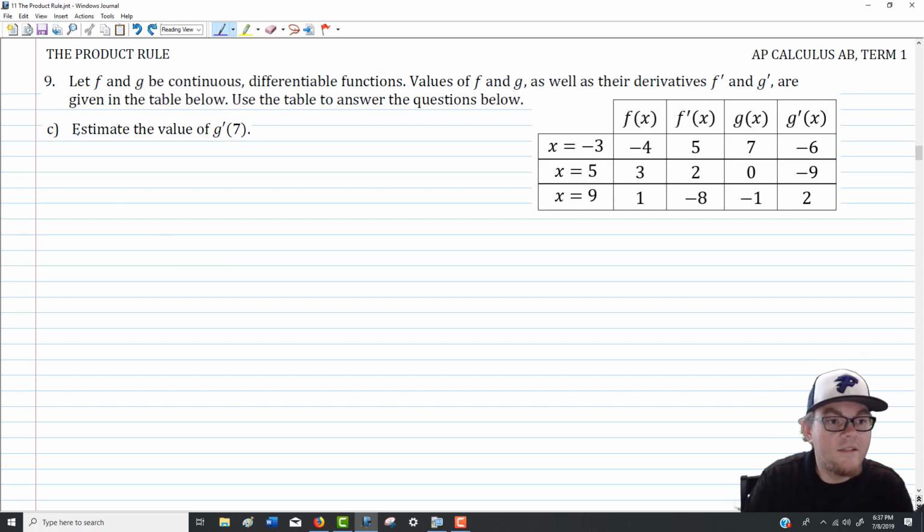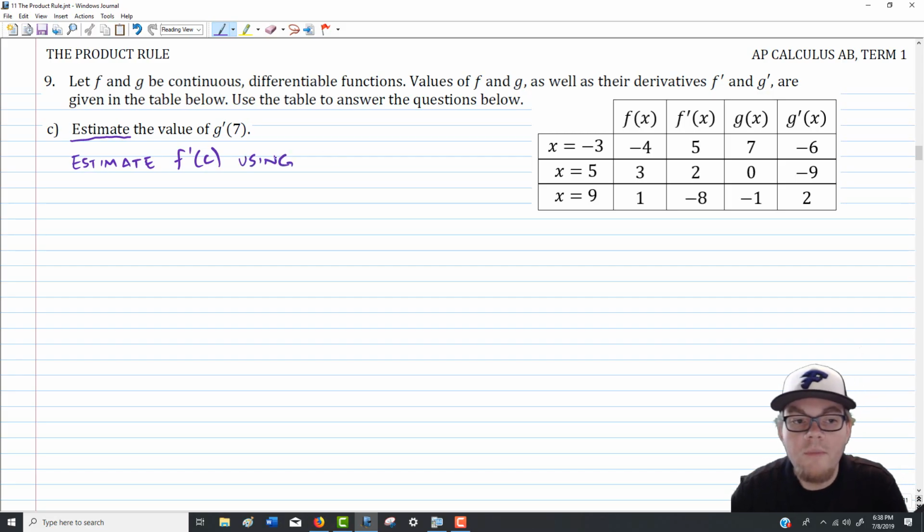And the idea here is that in order to estimate the value of a derivative, we can estimate what we'll call f prime of c using, and of course, how can we approximate a tangent line slope? Well, we can use a secant line. So we can use the average rate of change, which we know as the slope of the secant line.